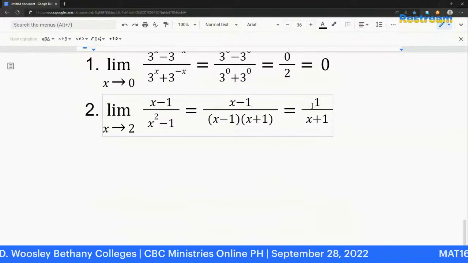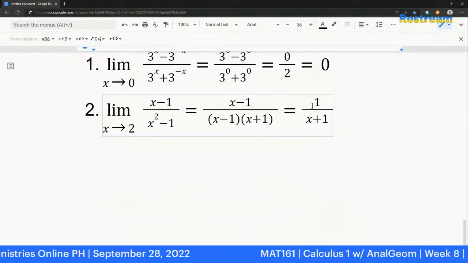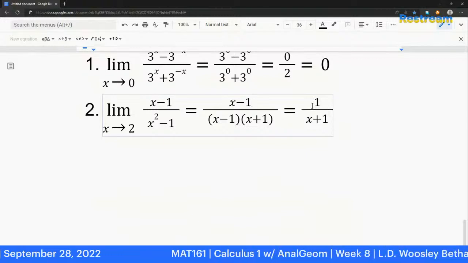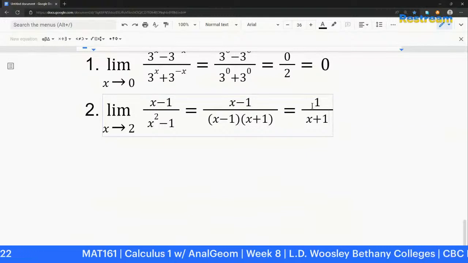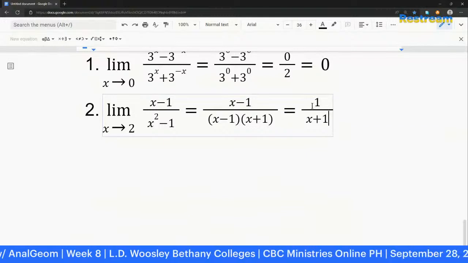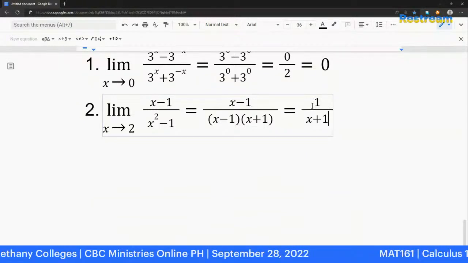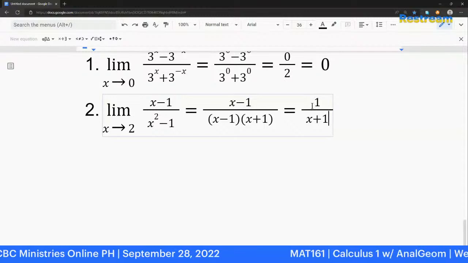Okay? But for you, guys, halimbawa, limit of x minus 1 all over x squared minus 1 is equal to limit of x minus 1 all over x minus 1 times x plus 1 is equal to limit of 1 all over x plus 1 as x approaches 2. So, dala-dala niyo yung limit dun kada solution.